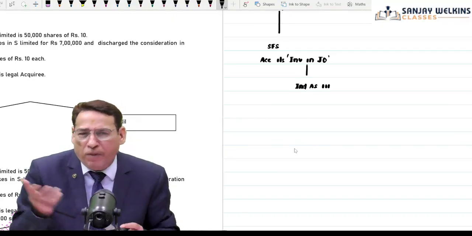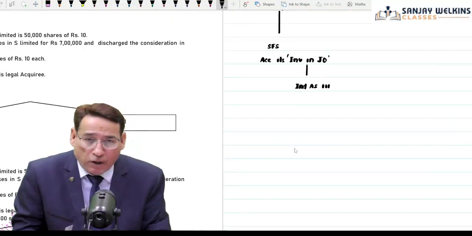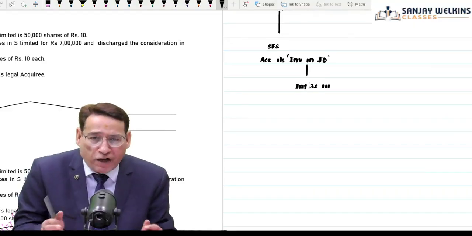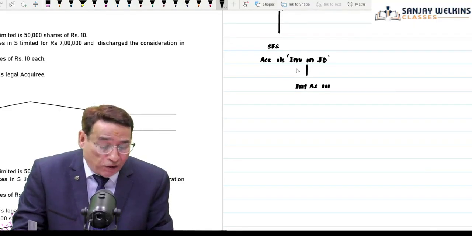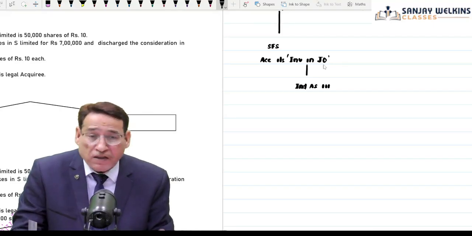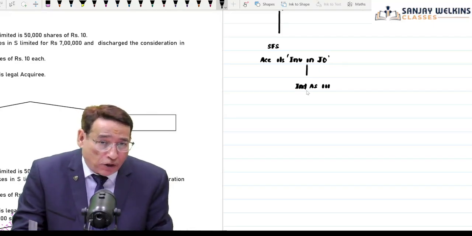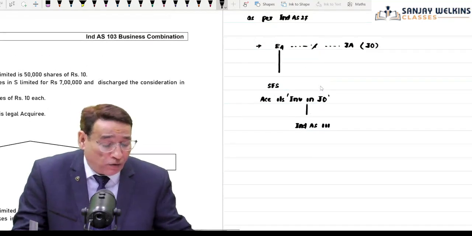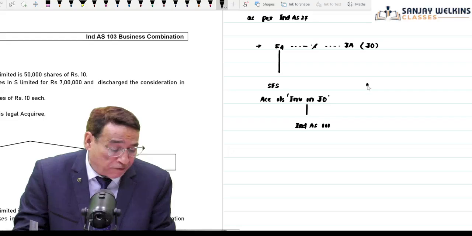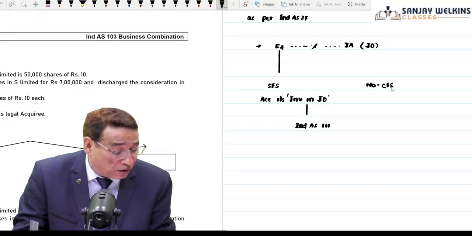What exactly we mean by equity method, we will talk about later on. But at this moment, it suffices to say that accounting in the separate financial statement will be done as per Ind AS 111. Is it clear to you? I've already told you, in this case, no CFS is required. No consolidated financial statements are required.